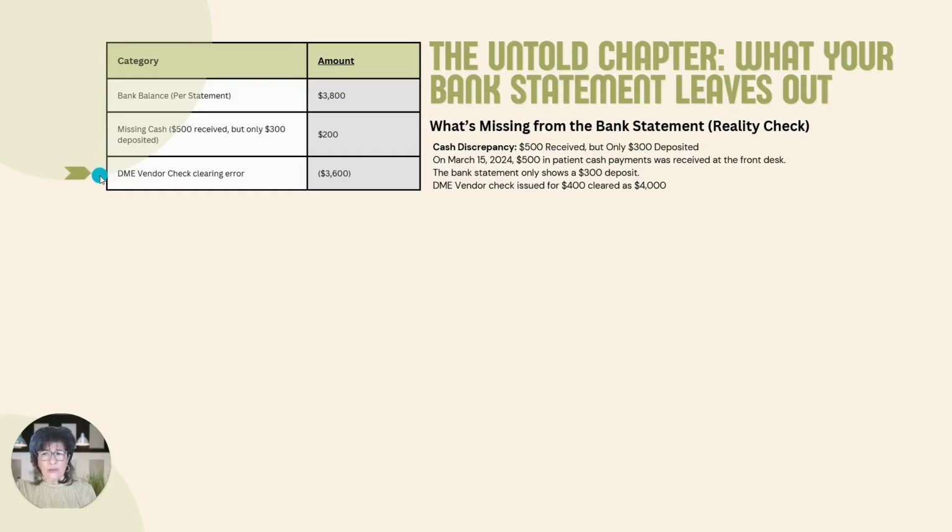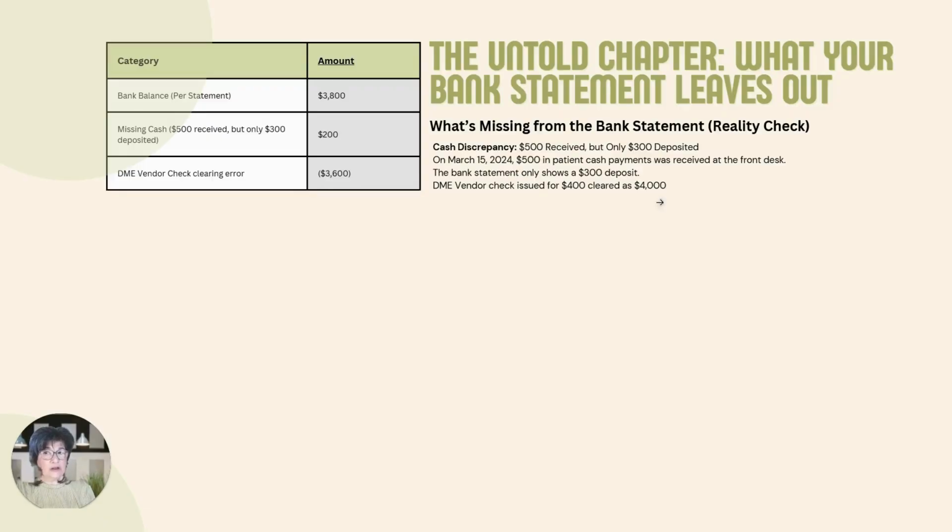Also, we had written a check for DMEs. This is an orthopedic practice, for example. So they would have DME costs, and we issued the check for $400, but it cleared for $4,000. So there's $3,600 less because it cleared too much. And that happens often where a transaction will hit the bank at a different number.